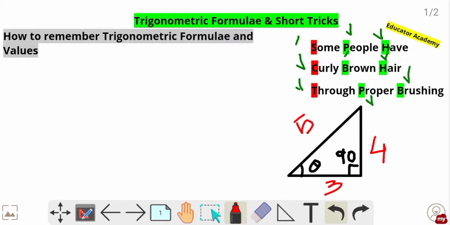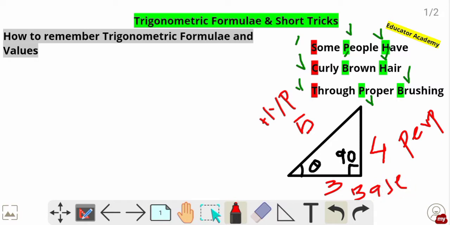Now we have a given figure with its sides, so we have to identify the hypotenuse, perpendicular, and base first. Then we have to calculate sine, cos, tan, and their inverse values.